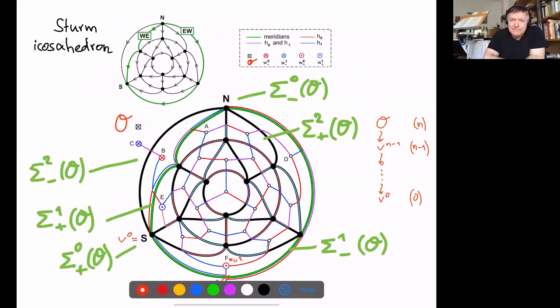Here's an example. Here is a Sturmian icosahedron drawn as a Thom-Smale cell complex, and you see the disks, and you see the one-dimensional cells, and so on and so forth, and you see 12 fat points. These are the corners of the icosahedron, or the stable critical points in our Sturmian setting.